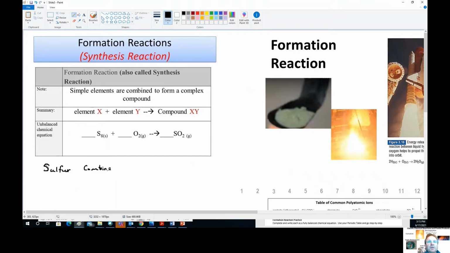I know we've got the answer right there, but a good way to learn stuff is to kind of look ahead and see what the answer is, so your brain starts to get an idea of the pattern. But we're telling your brain, okay, you need to be able to read this and convert it into a chemical reaction. So sulfur combines with oxygen to produce sulfur dioxide.